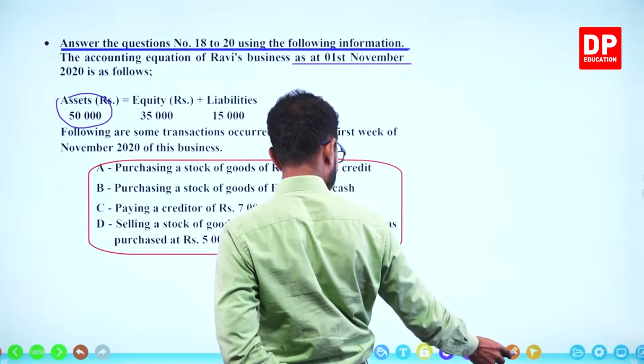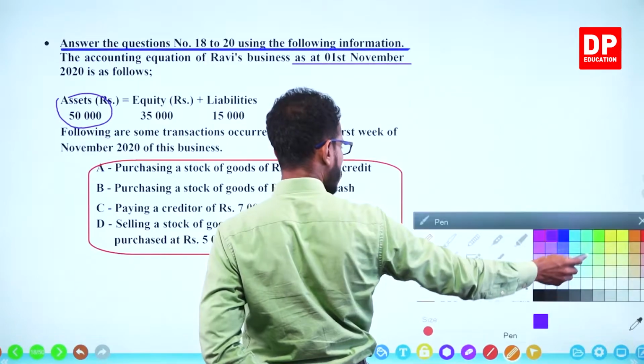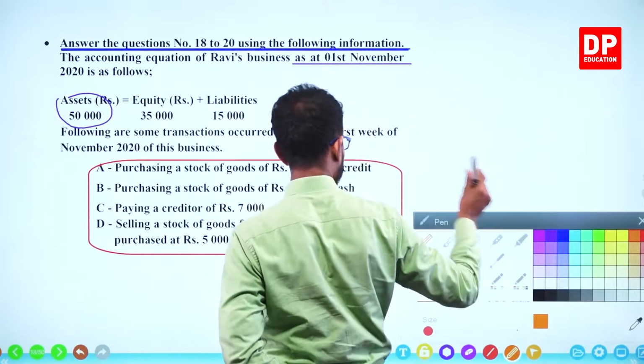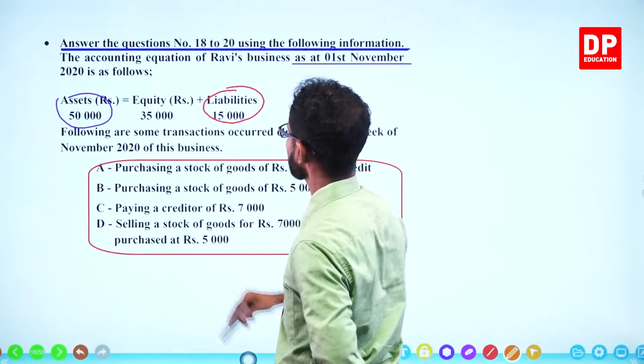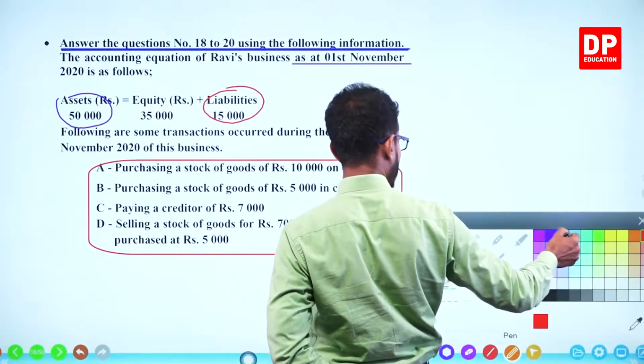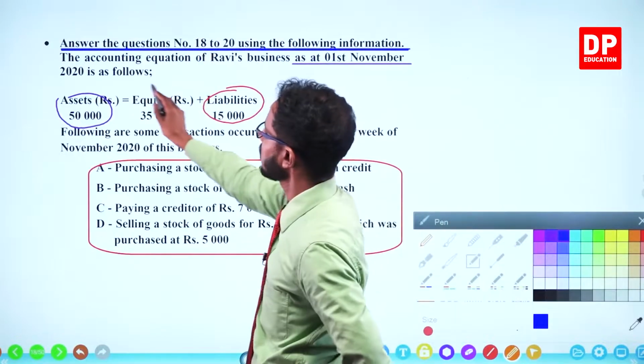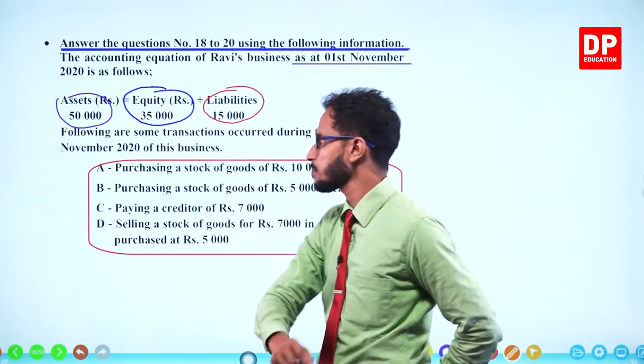Then we have liabilities of 15,000 and equity of 35,000.